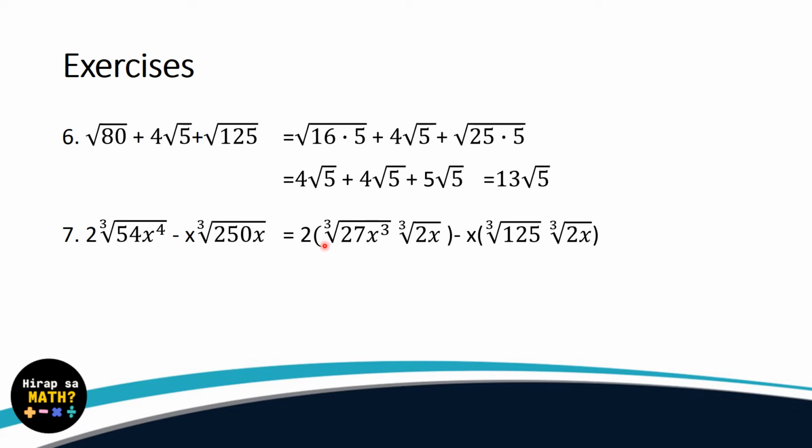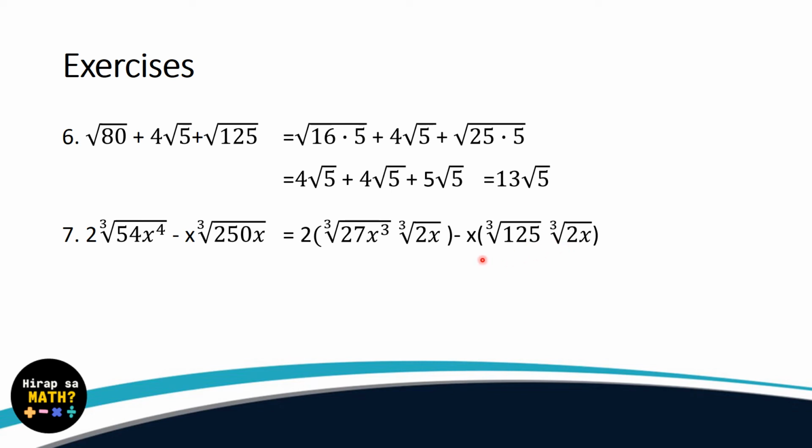So, that's 2 cube root of 27x cube times 2x. Pag magbibiak tayo, sisiguraduhin natin may perfect cube. So, ito, meron. Next naman, itong 250, hinati siya into x cube root of 125 times 2x.